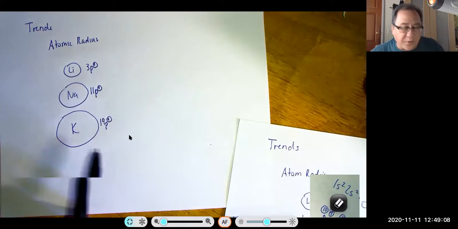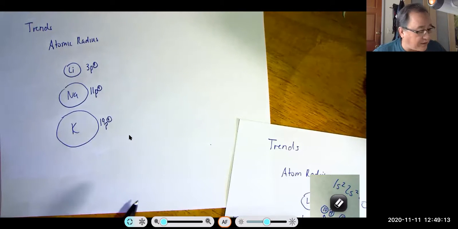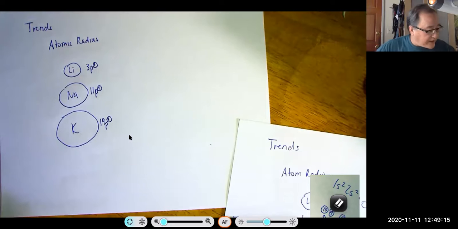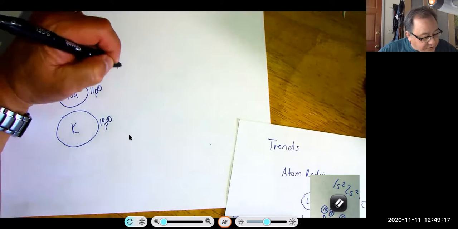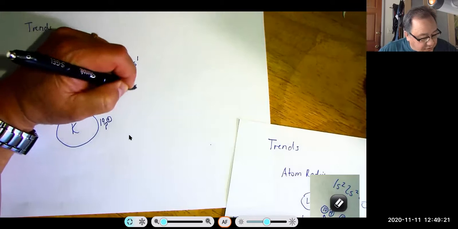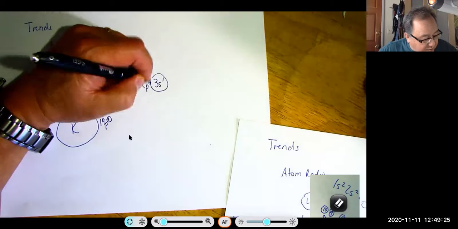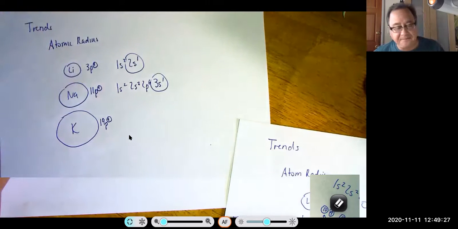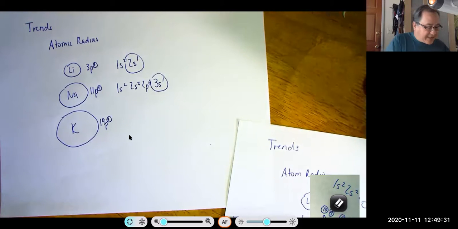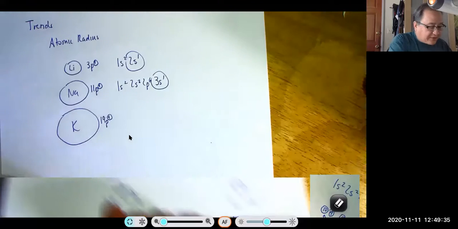So here, bigger protons doesn't mean smaller. More protons means larger. Why is that the case? This is 1s2, 2s1. This is 1s2, 2s2, 2p6, 3s1. So you're looking at a 3 versus a 2 for these. In the previous case, we're looking at a 2 versus a 2. But in this case, we're looking at a 3 versus a 2.